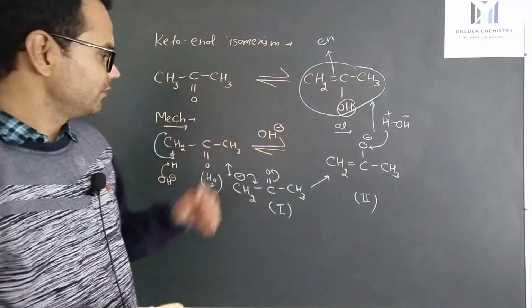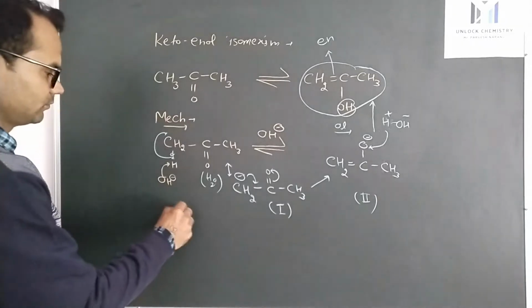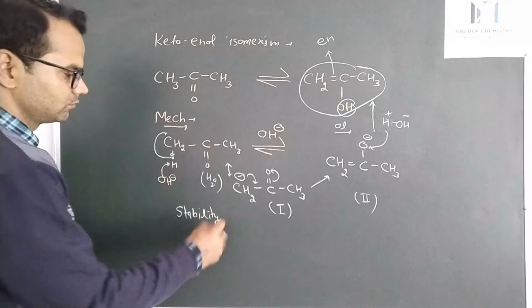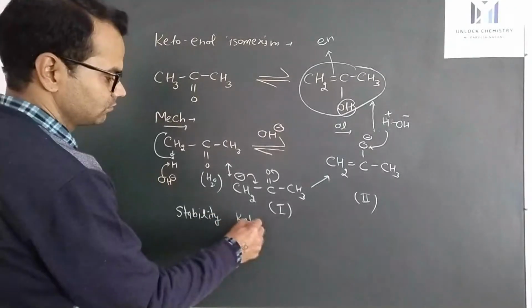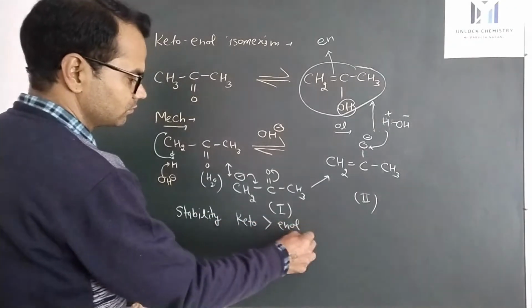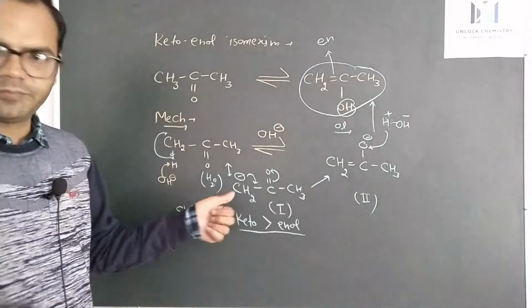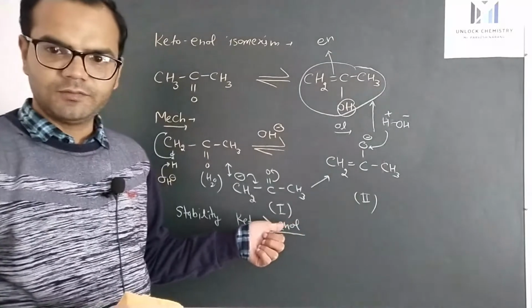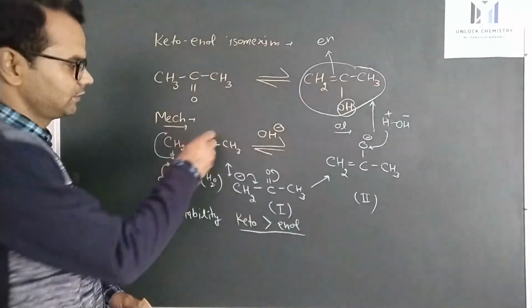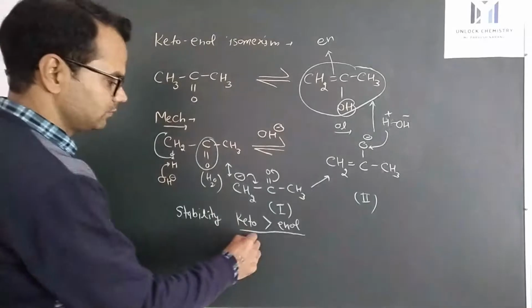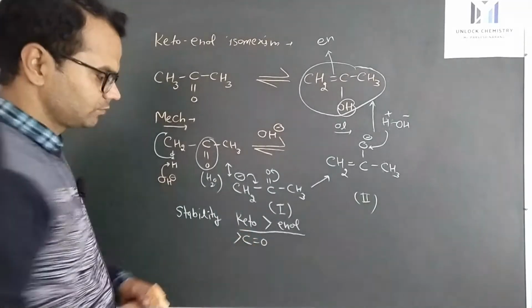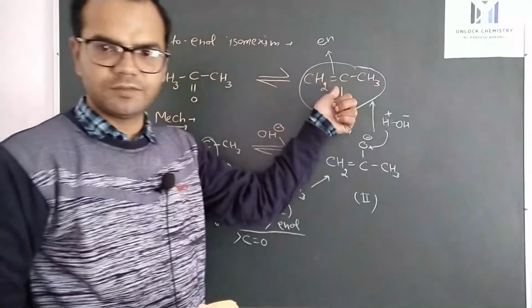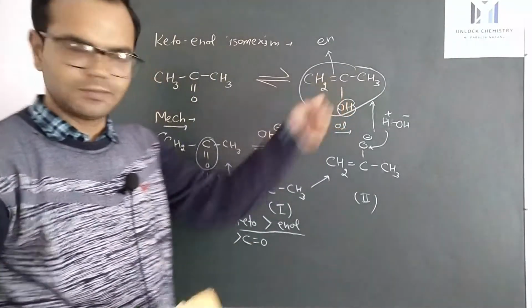If we compare the stability, keto form is more stable than enol. Why? Because in ketone we have a double bond between carbon and oxygen, but in enol we can see there is a double bond between carbon and carbon.